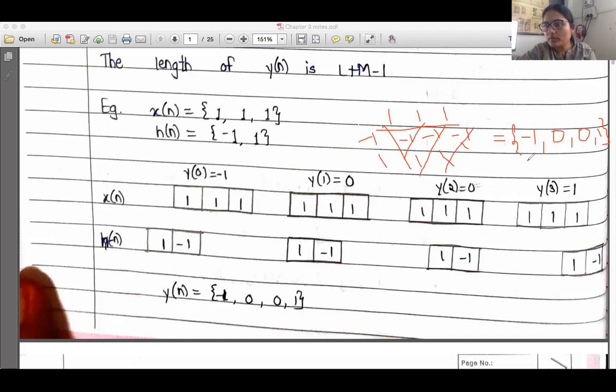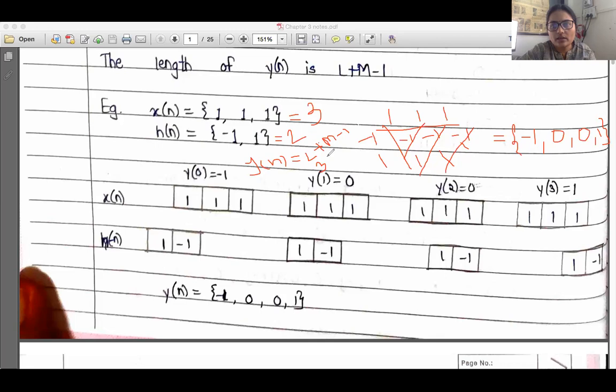So what will be the length of output sequence? In this case, length of input sequence is x of n. किती आहे याची length? This is 3. Length of filter sequence is 2. So output sequence y of n ची length किती झाली? What will be the length of y of n? L plus m minus 1. म्हणजे याची लेंथ किती झाली?